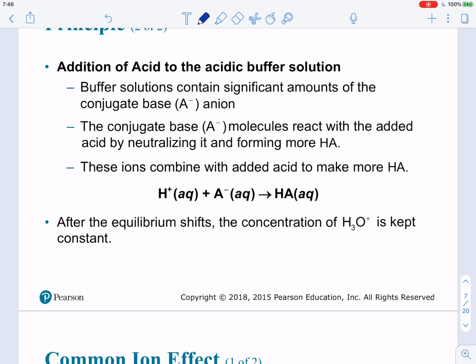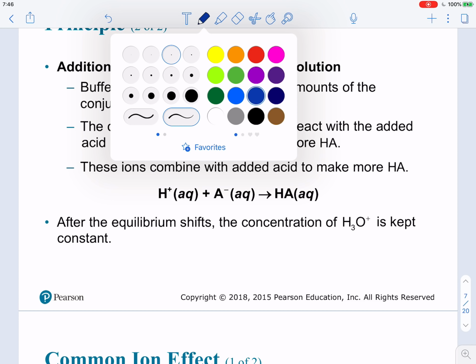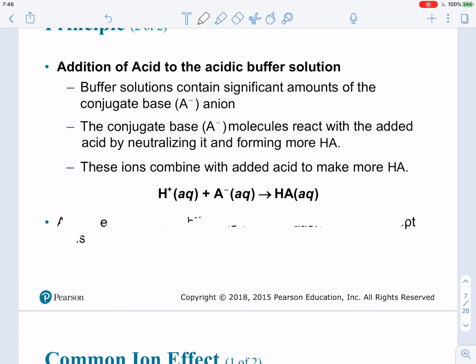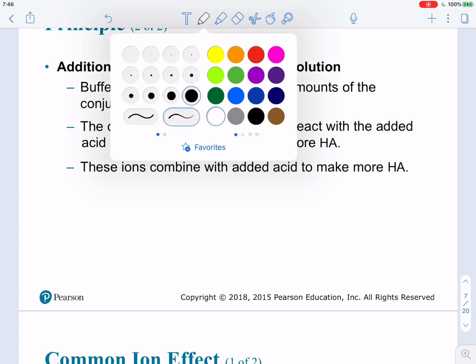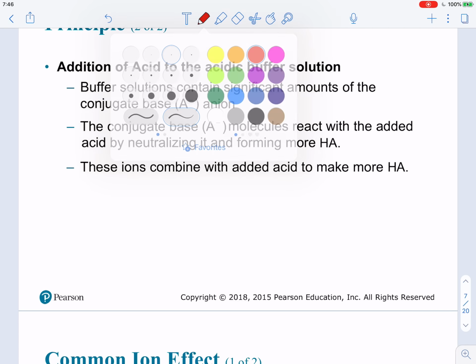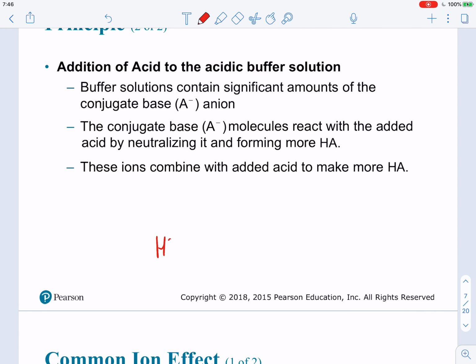Now the opposite is true if you are adding base. So let's use the same equilibrium. We have HA that goes to H plus and A minus. What happens now if we add sodium hydroxide?